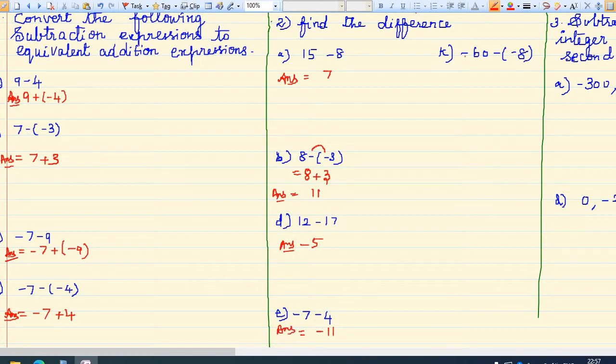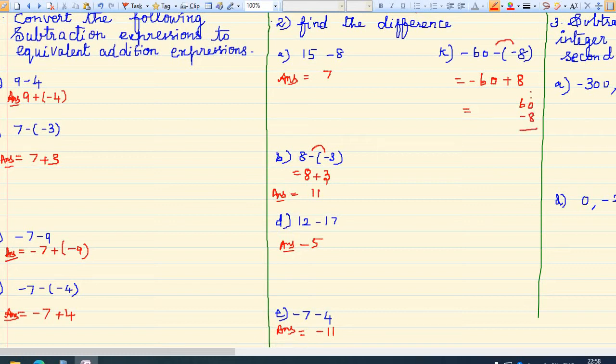See, listen here, minus 60 minus of minus 8. How can I write this? Minus 60 minus into minus is what? Plus 8. See, listen children, 60 minus 8 is what? I am going to subtract this. 60 minus 8.